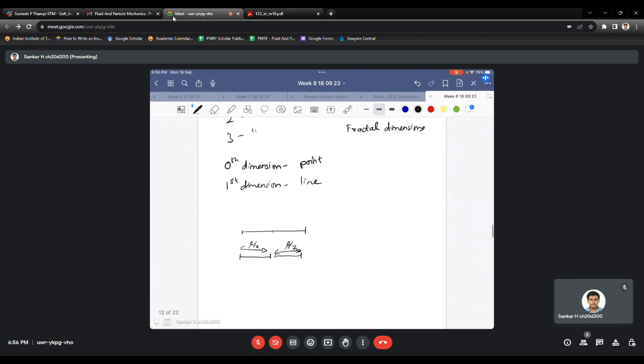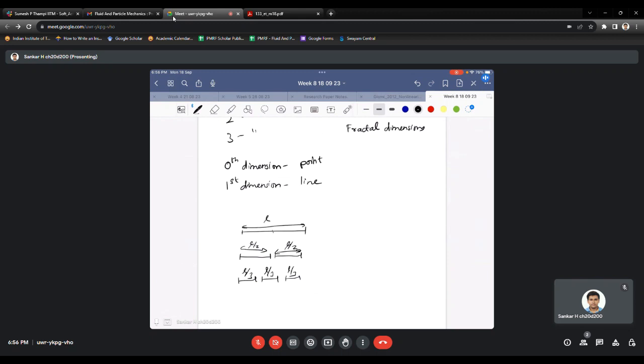Similarly, if we split it into three parts, we get three equal segments of length L by 3, where L is the length of the main line.